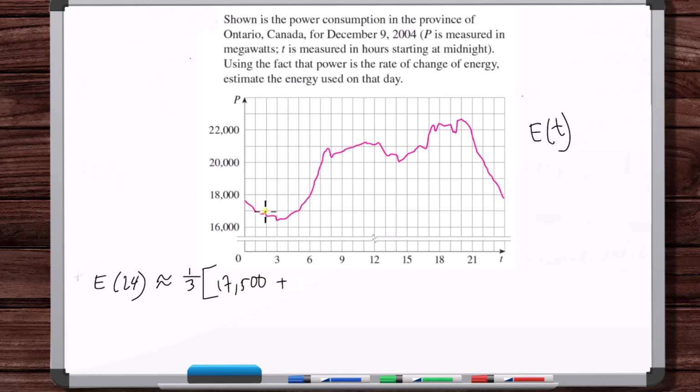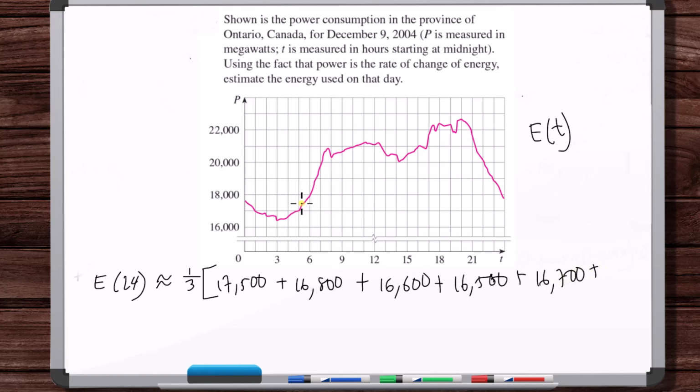What is this height? If we think about the midpoint, this would be about 16,800. I'm not doing this that carefully. This would be about 16,600. Then this would be 16,500. Then this would be 16,700.